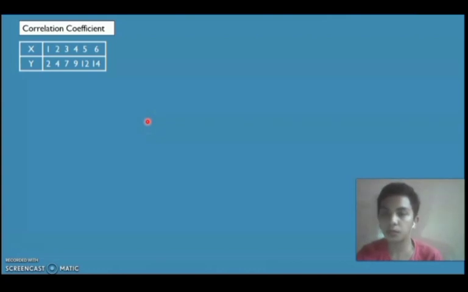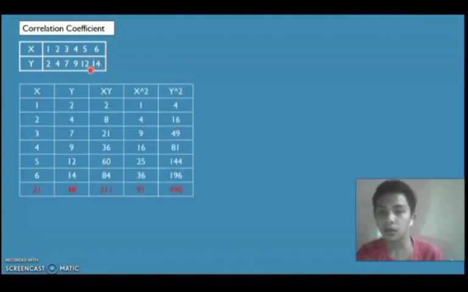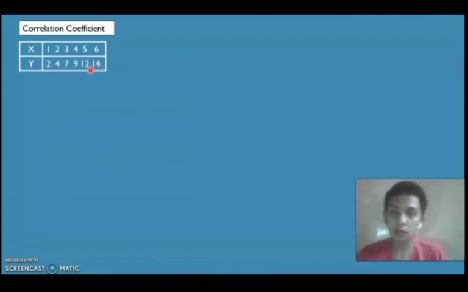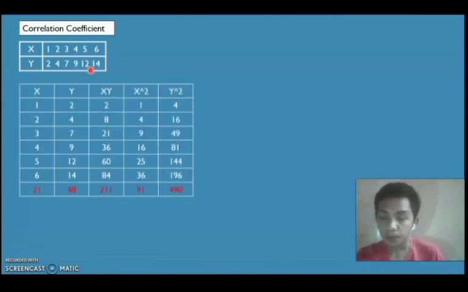We have here the data sets of x with the values 1, 2, 3, 4, 5, 6, and y with the values 2, 4, 7, 9, 12, 14. This is an example. Let's make this the value of x and the value of y.